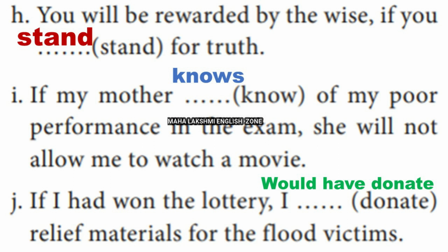So when the if clause takes the past perfect form, our main clause will take the form would have plus the past participle of the verb. So the past participle of donate is donated. So would have donated. Here I have not given the D, but the answer is would have donated relief materials for the flood.